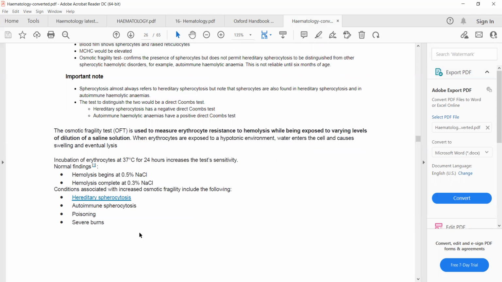Lysis of the RBCs will occur. In normal RBCs, hemolysis starts at 0.5% NaCl, and hemolysis is complete at 0.3% NaCl. But there are some conditions which can increase the osmotic fragility.